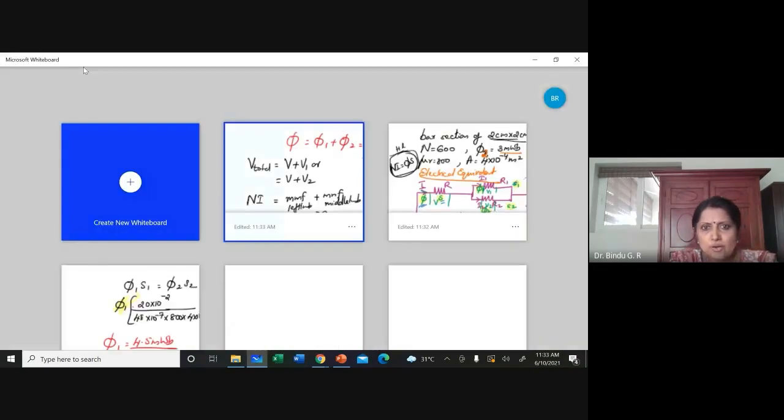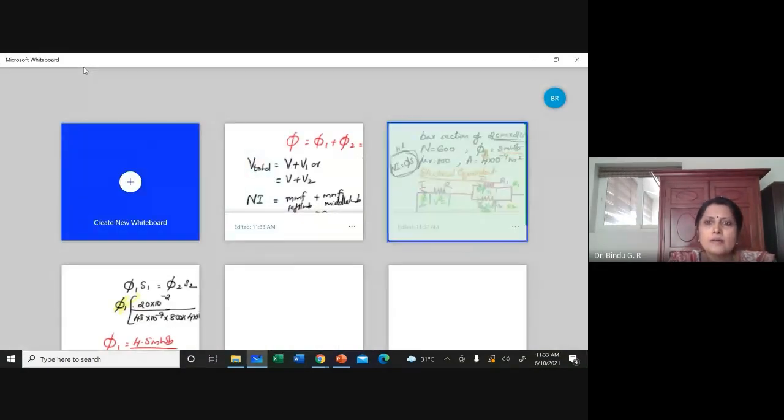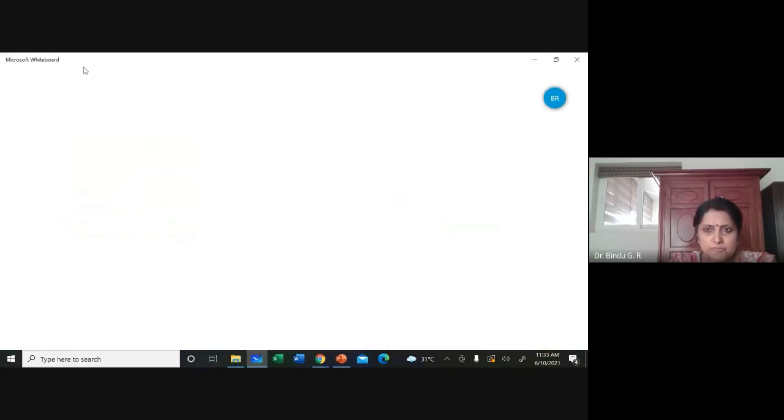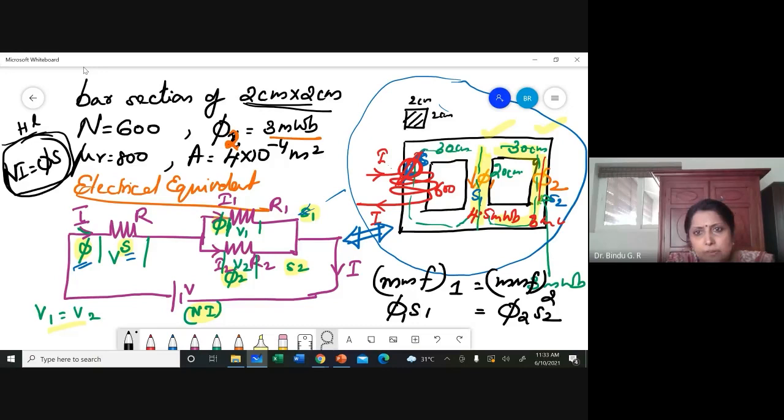Going back to our original problem, I am concerned about this total MMF. This total MMF is equal to whatever MMF is produced here, that is our V, plus either MMF of this path or MMF in this path, 1, 2.